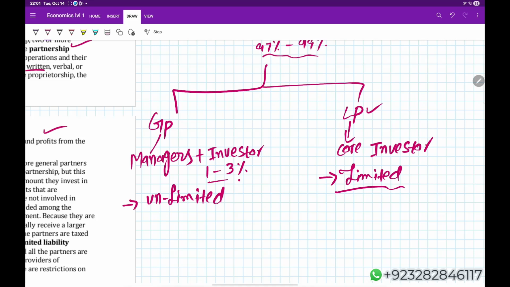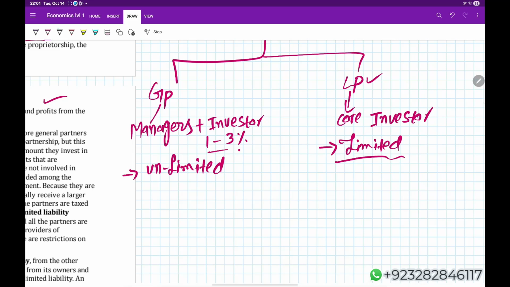Now clearly, the general partners are taking more responsibility. They are managing routine day-to-day business activities, as well as being investors, plus they have unlimited liability.